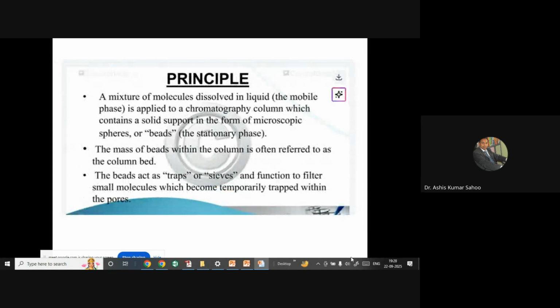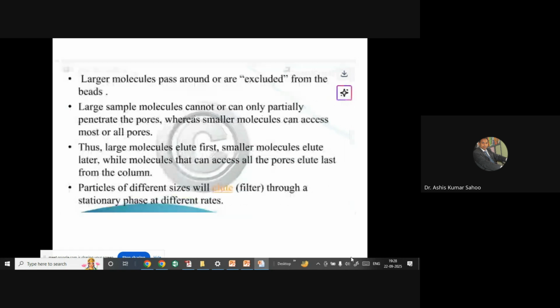So what is the principle? A mixture of molecules dissolved in liquid is applied to a chromatographic column which contains a solid support in the form of microscopic beads. The beads act as a trap and sieve function to filter; small molecules become temporarily trapped.